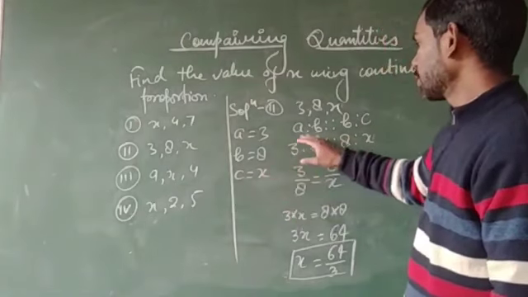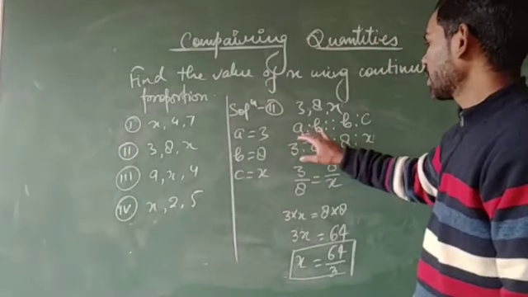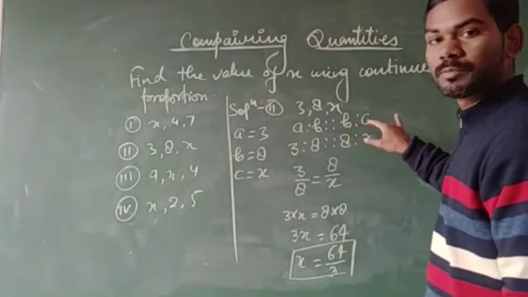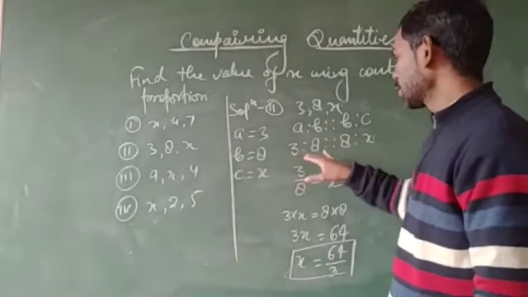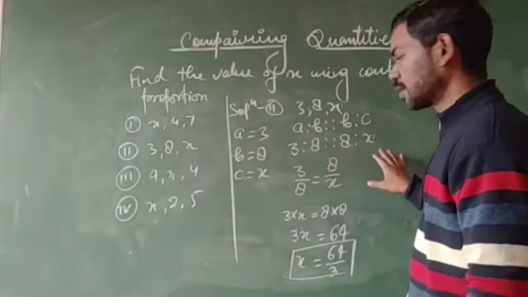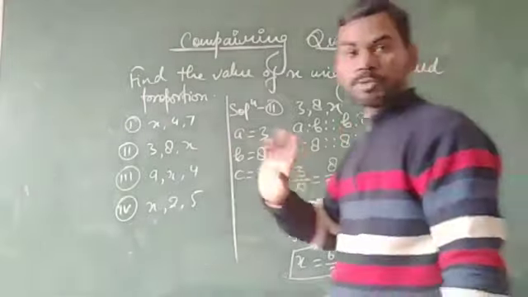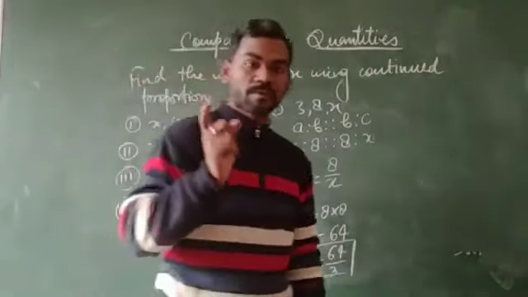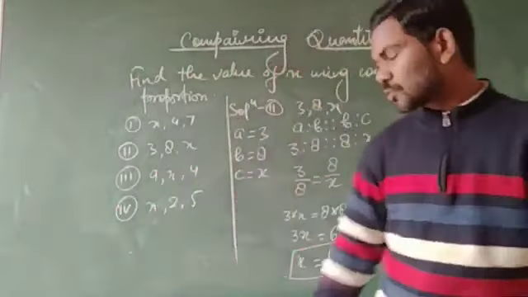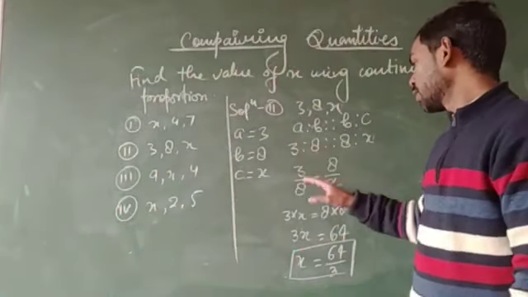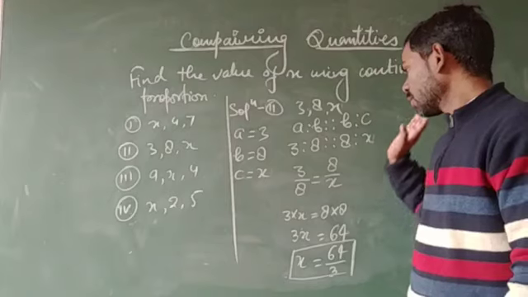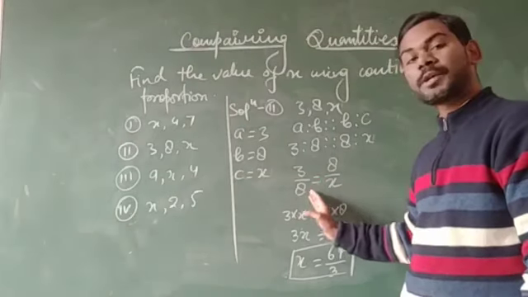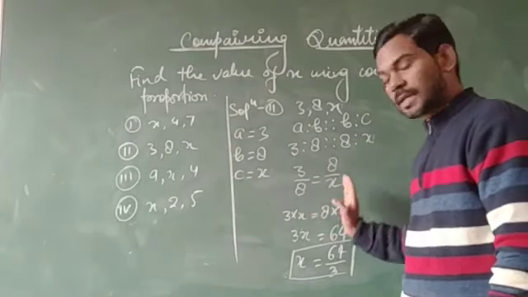So 3 is to 8 proportional to 8 is to x. As we know, two ratios are said to be proportional if their fractional forms are equal, so 3 is to 8 equals 8 is to x. Therefore 3 upon 8 equals 8 upon x.